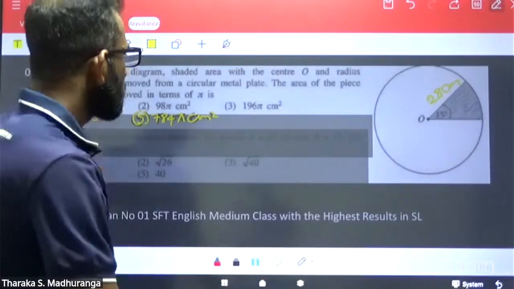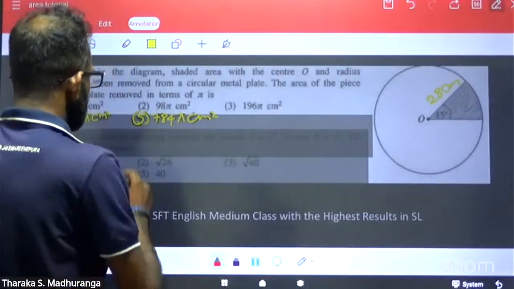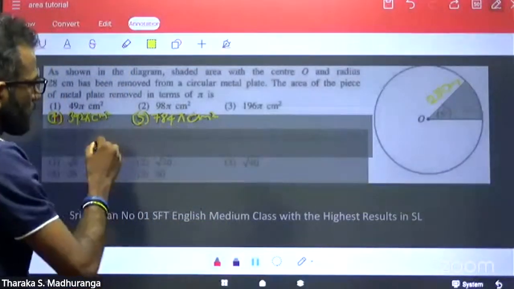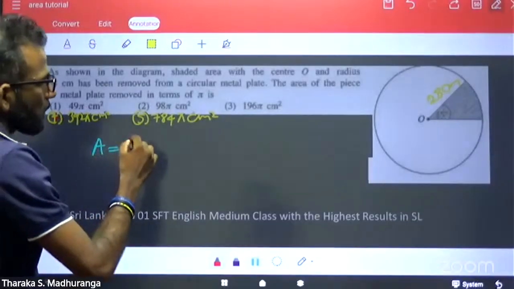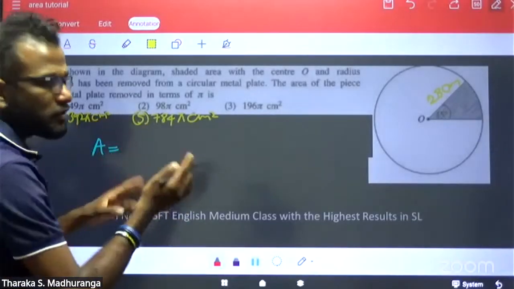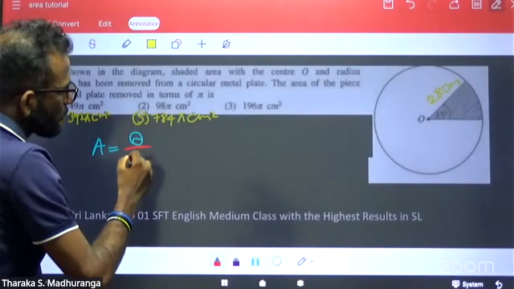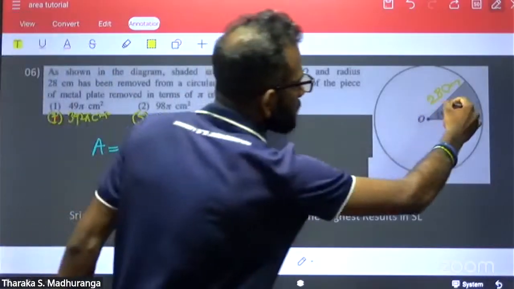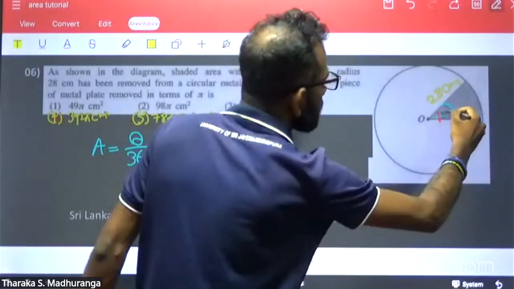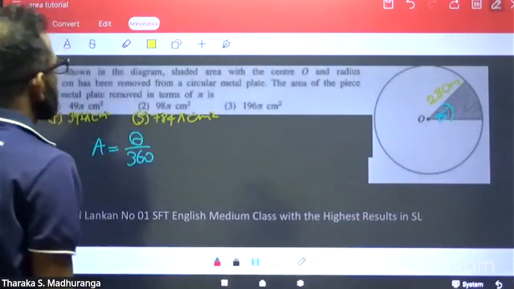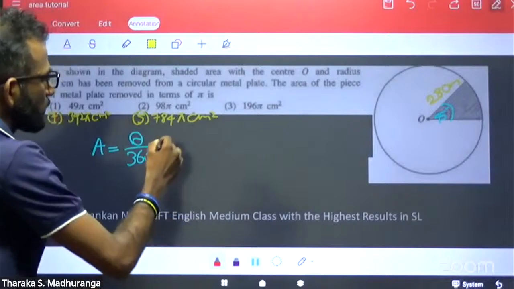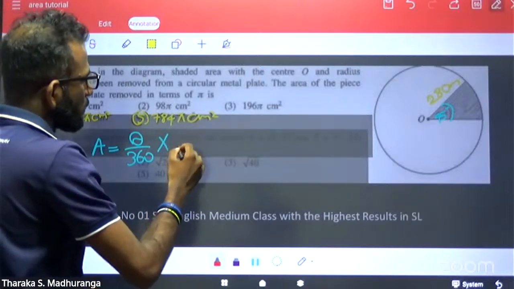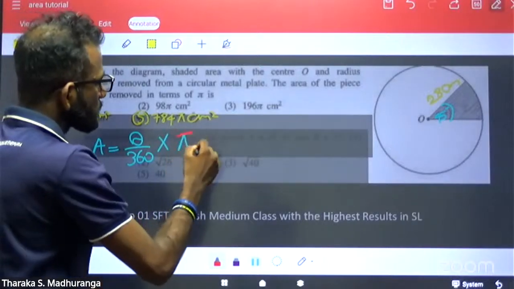Okay, what is the equation? The area equals, any equation you can use, but easy is theta over 360 because the angle is given in degrees. It is 45 degrees, into 5r squared.